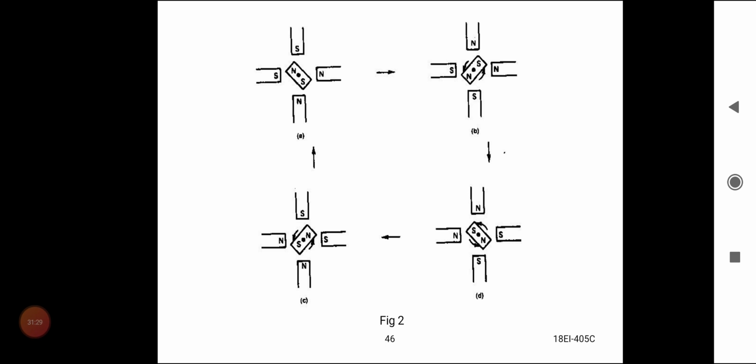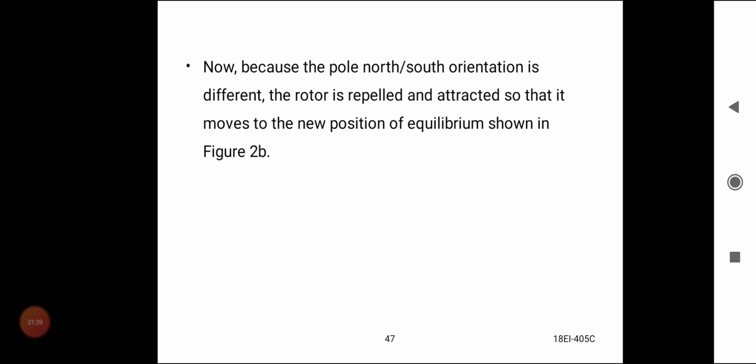Next, in figure 2b, the rotation causes one more step, with C and D. Now, because the pole north-south orientation is different, the rotor is repelled and attracted so that it moves to a new equilibrium position shown in figure 2b.